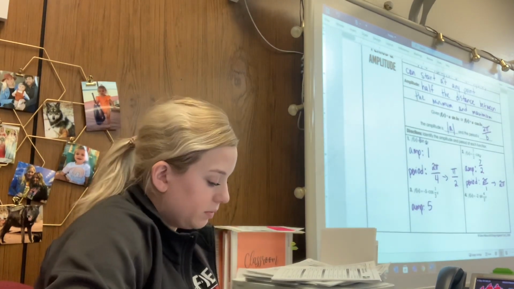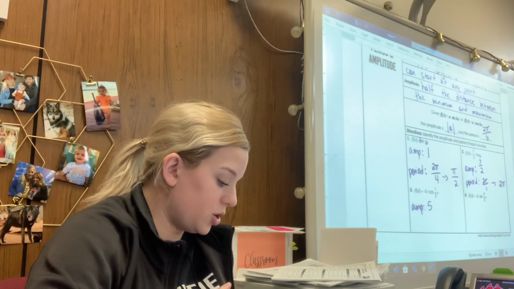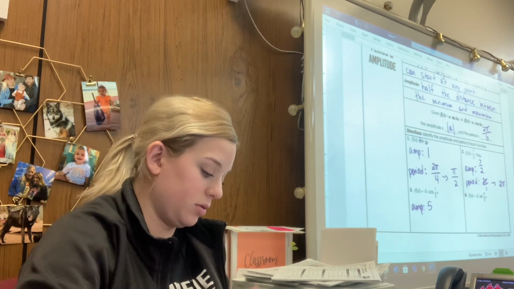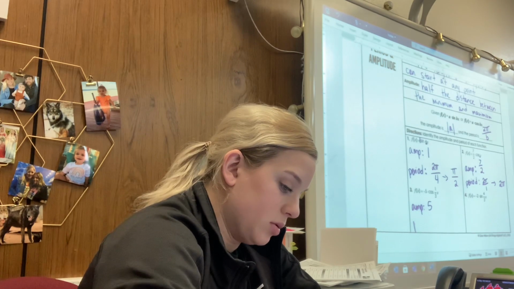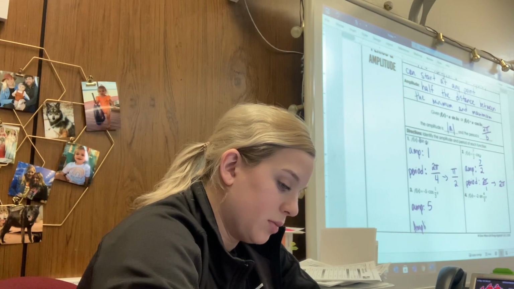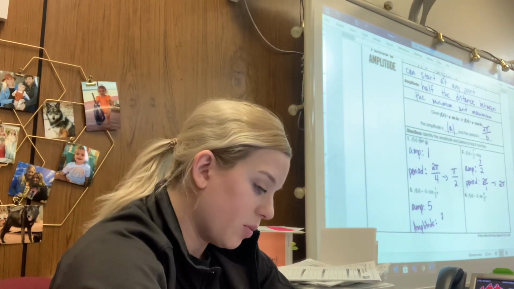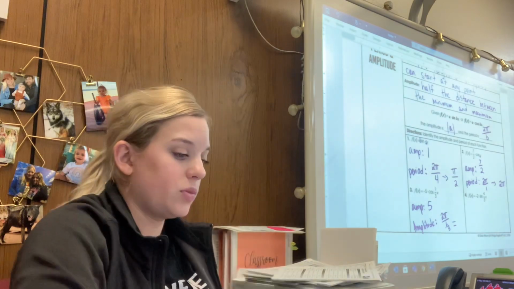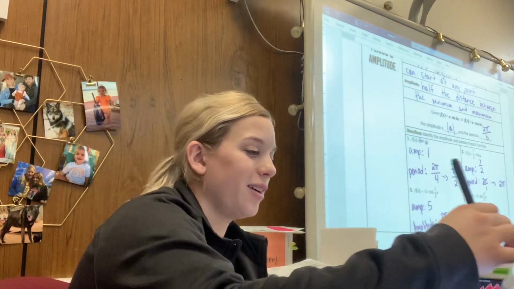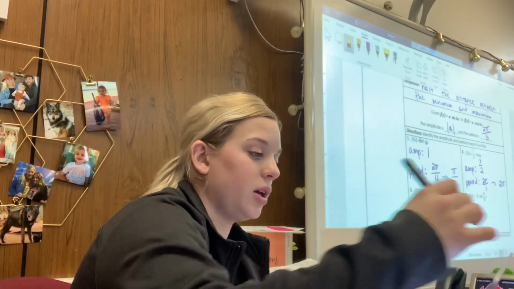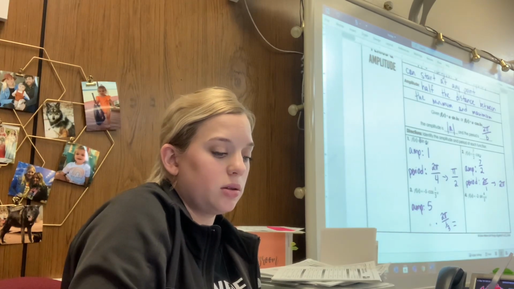And your cosine period is 2 pi over 1/3. Okay, so 2 pi over 1/3 can be reduced. The period or the amplitude. Or, I'm sorry, I got myself confused. It's the period. You are right.